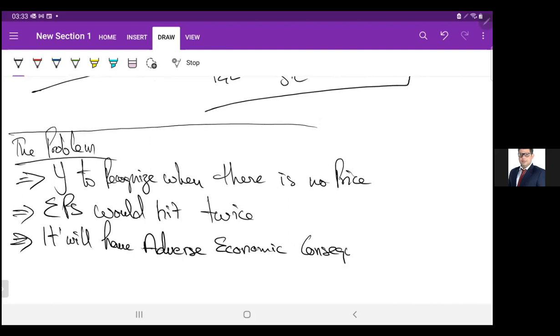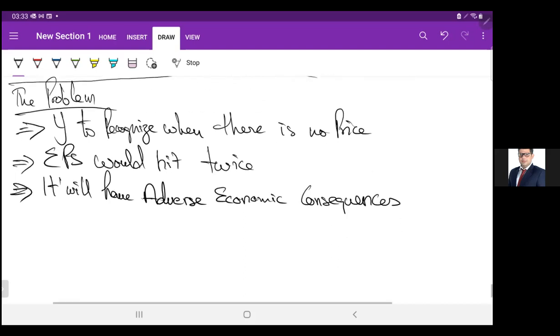So they said that if you don't show this expense, then it will have worse, adverse economic consequences, right? So these were the problems, and the IFRS standards are based on this.